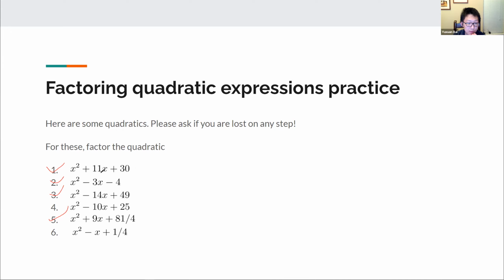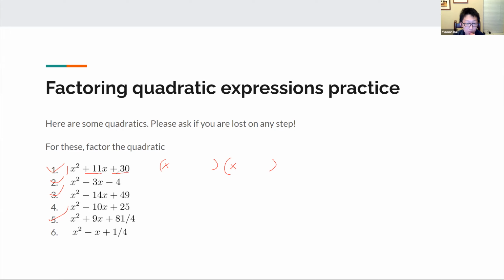So when factoring, we first look at the coefficient of x squared. In all these 4 cases, we see this as 1, right? So it's just 1 times x squared. That means in the two factors we have, the first term will just be x. Now we look at the second coefficient right here, plus 11, and the third one right here, plus 30.